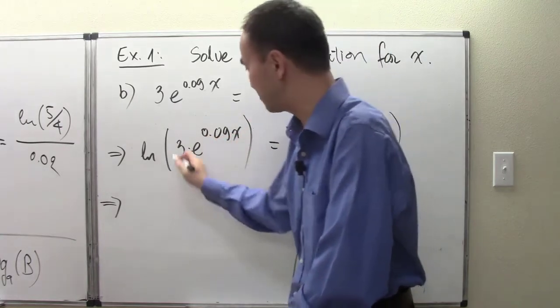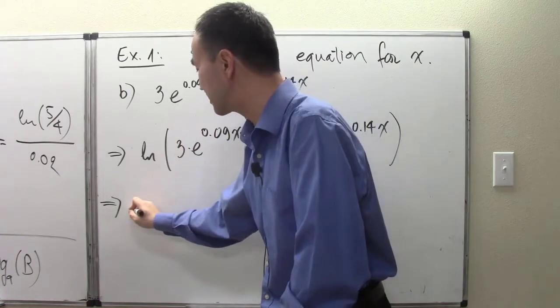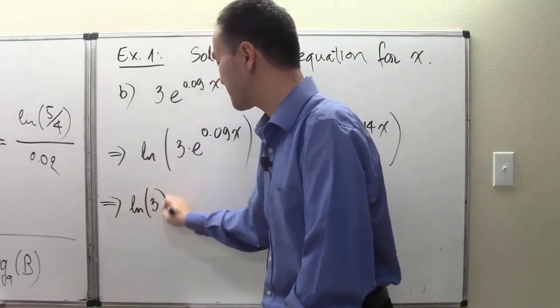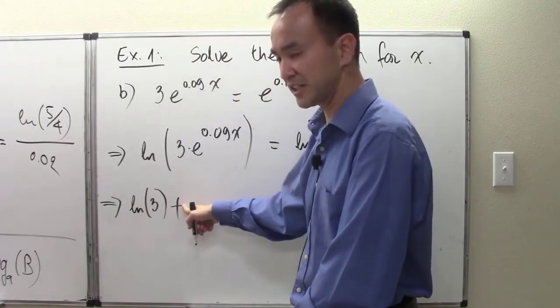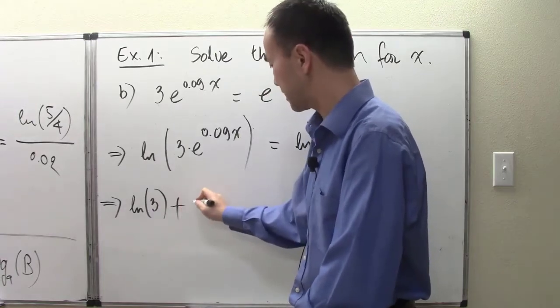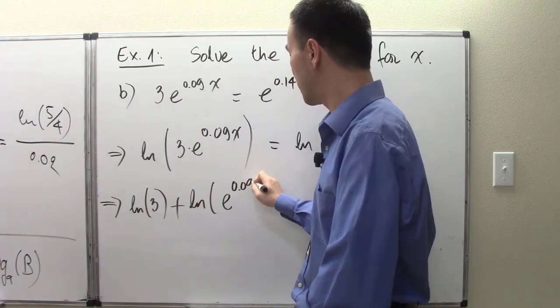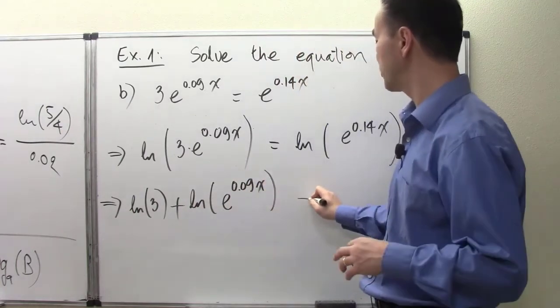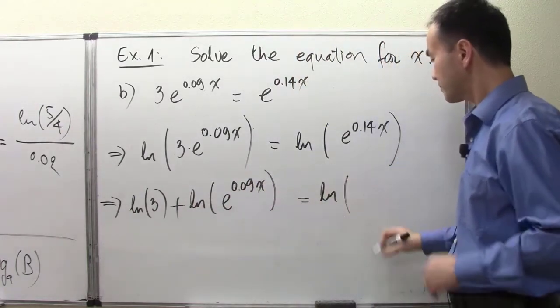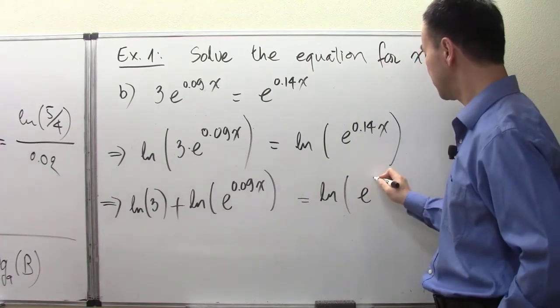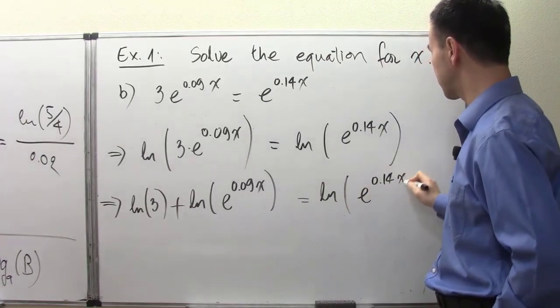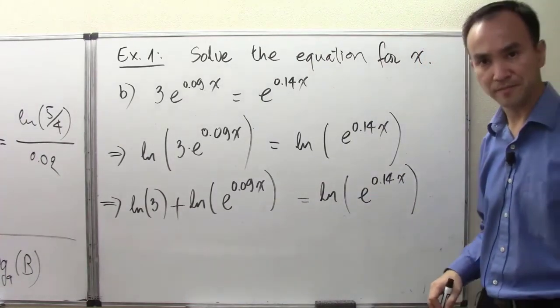So I'm going to immediately break this into 2 terms. One term is the natural log of 3, and the other term, connected by addition, is plus the natural log of e to the 0.09x. And we want that to equal the natural log of e to the 0.14x. All right, that's how it works.